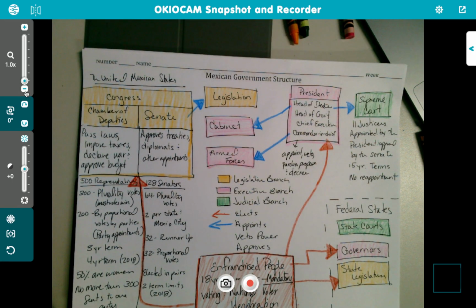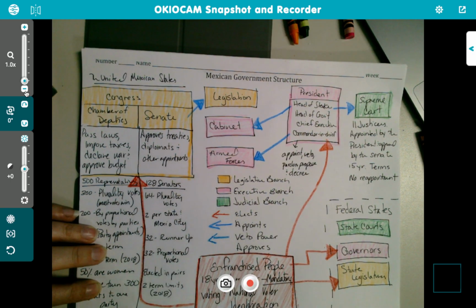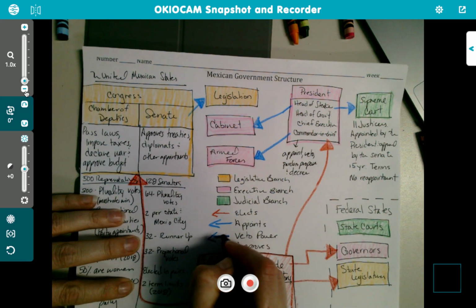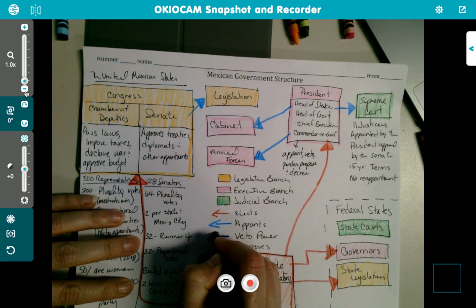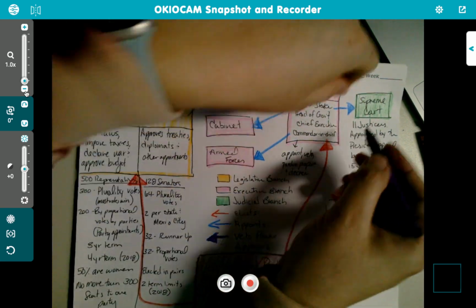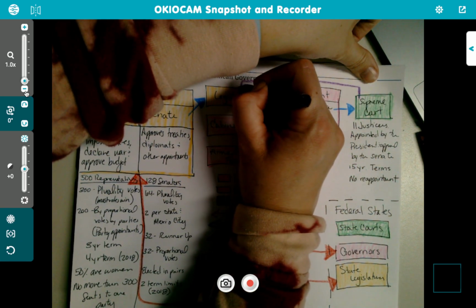Okay, veto power, the ability to say no. For me, it is going to be this color. It looks the same to you. I will use black. Nope, I will use purple. Okay. The Supreme Court gets to veto legislation.